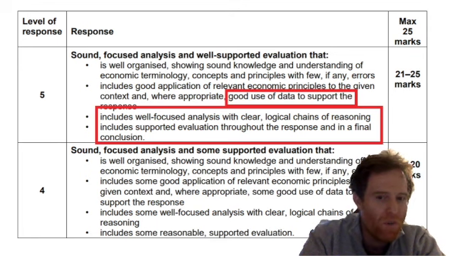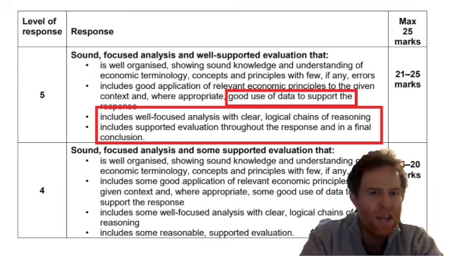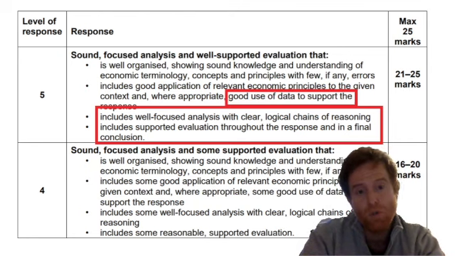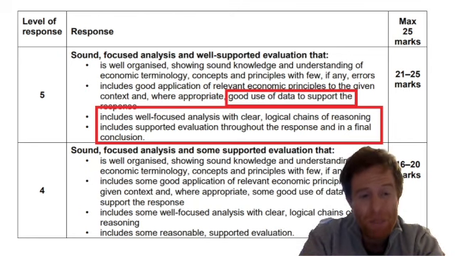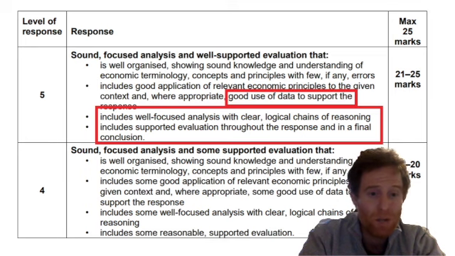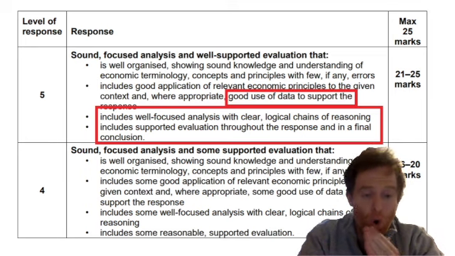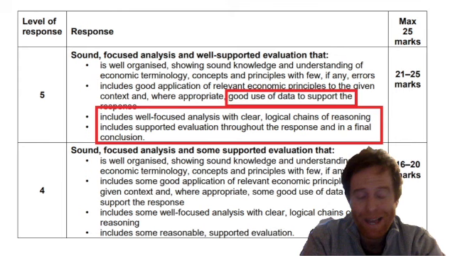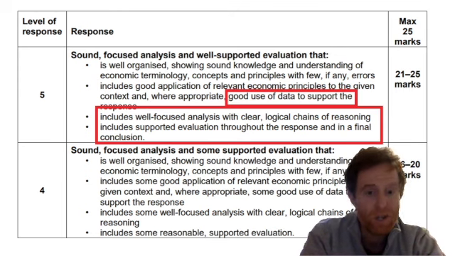Well, if you read level 4, instead of well-focused analysis, it'll say includes some well-focused analysis. Instead of saying includes supported evaluation, it'll say includes some reasonable supported evaluation. And I suppose the big difference is you need to make sure you're consistent throughout your whole 25 marker. So your argument 1, your argument 2, your evaluation, it's all consistent with the skills that are required in level 5.